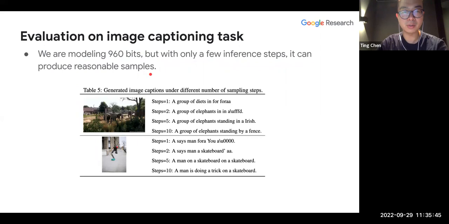It can produce quite reasonable samples. Here, when you have 1 step, you can definitely see artifacts, where it does not generate the words well. Then you increase it to 5 and 10, and it is already generating sentences that are meaningful and describe the pictures.